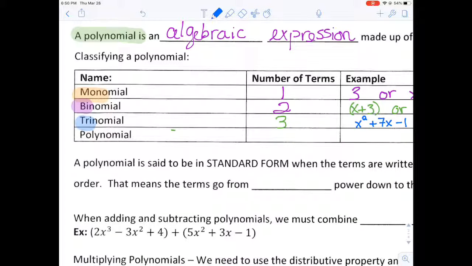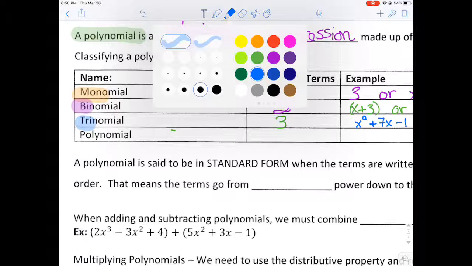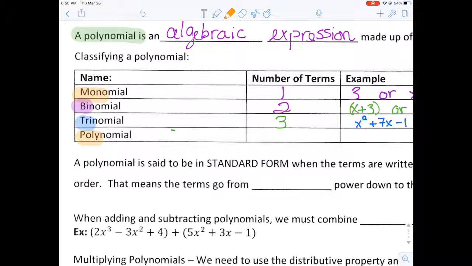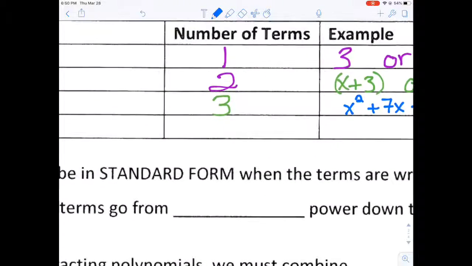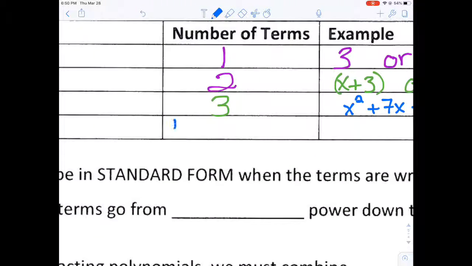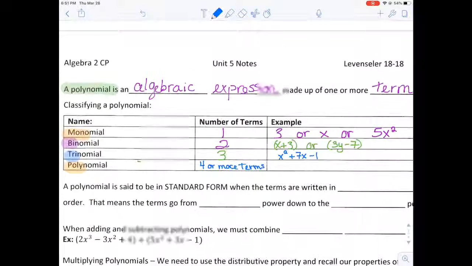A polynomial, the prefix poly just means many. So this polynomial, it just represents an expression with 4 or more terms usually. We can also refer to any of these binomials, trinomials, or monomials if we want to be less specific about it. They are all in the family of polynomials.